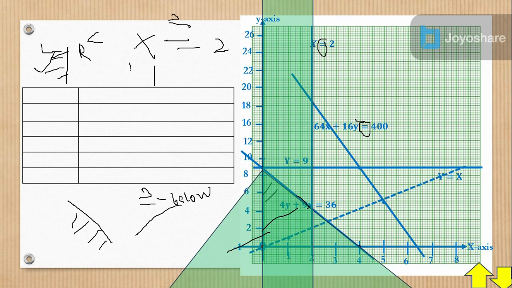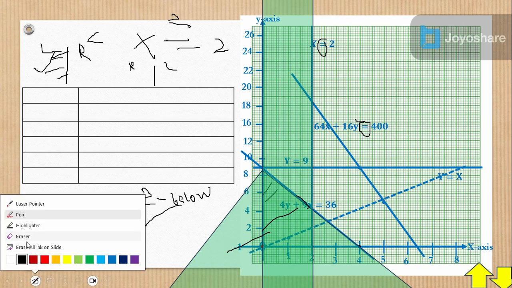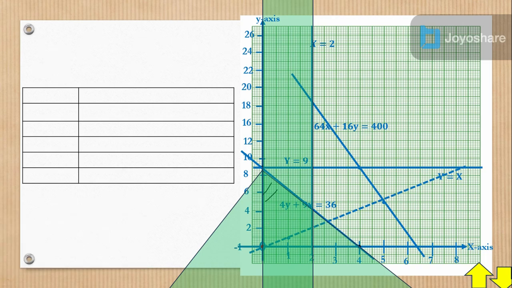Here this is right and this is left. So this one is meant to be this. Let's remove this. So we have x equals 2 as that. Now the line we are shading is this one. Please, you have to be careful.